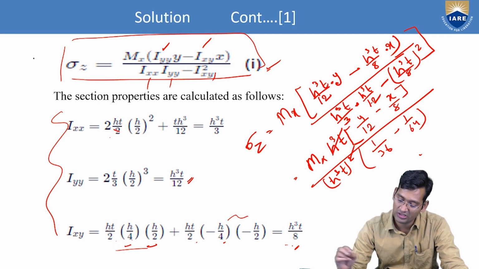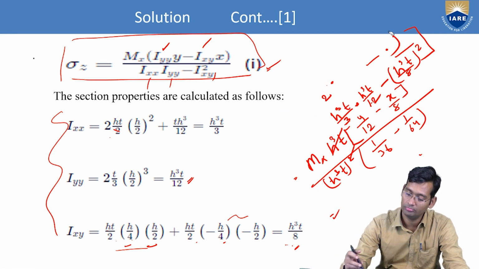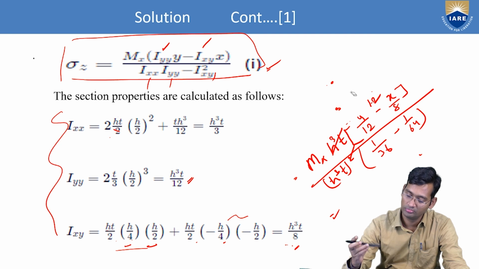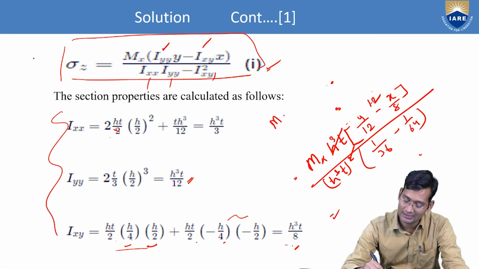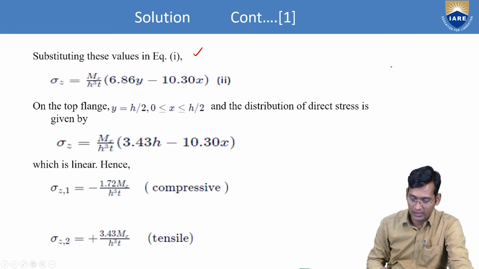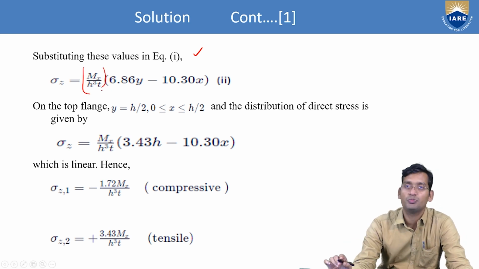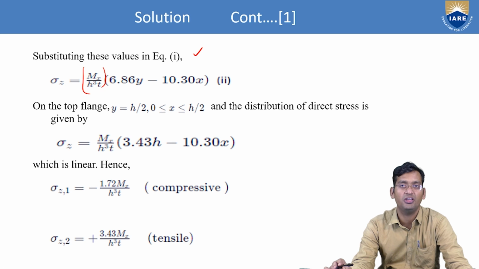So this hQT cancels. So from here Mx into y by 12 minus x by 8, whole divided by hQT into 1 by 36 minus 1 by 64. Just simplify this one, right? So after simplifying, what will you get? Sigma z is Mx by hQT into 6.86y minus 10.3x.